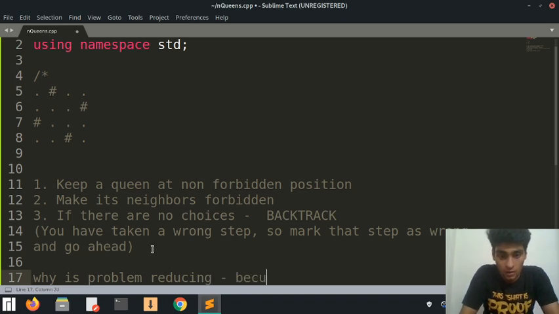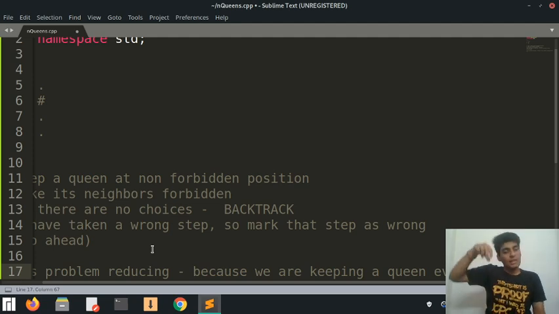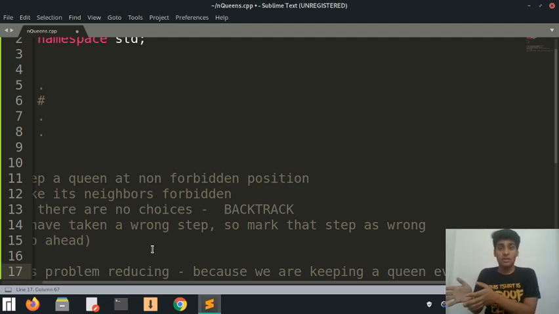Because we are keeping a queen every time. So either we can keep the queen and go to a smaller number of queens, that way the problem is reducing, or we cannot keep the queen at all and we can report that there is no solution here. So either in the caves you are moving towards the exit, or you are going back to the previous position because there is no solution here.